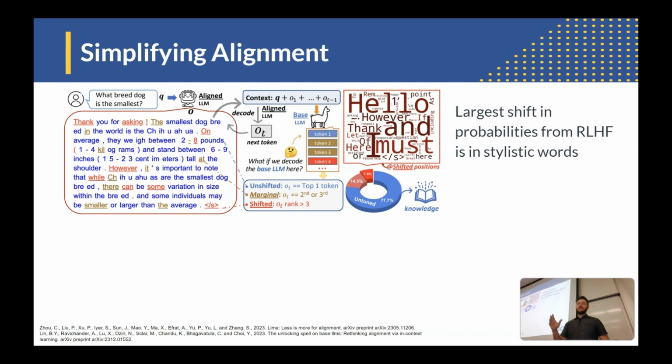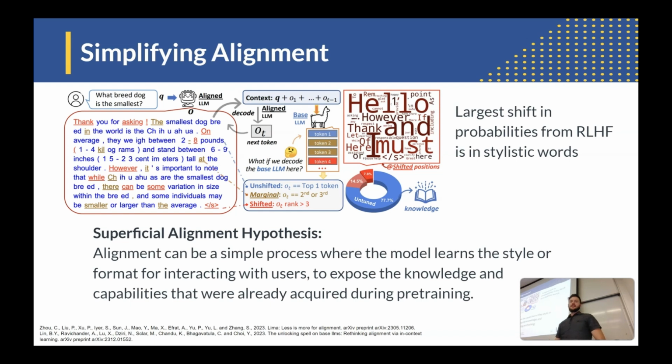One way they test this hypothesis is by looking at the change in probability from a pre-trained model versus the RLHF model on tokens in an output. They found that the difference in probability is very large for stylistic tokens, but actually smaller for more content tokens. This supports the hypothesis that alignment can be a simple process where the model learns the style or format for interacting with users to expose the knowledge and capabilities that are already acquired during pre-training.